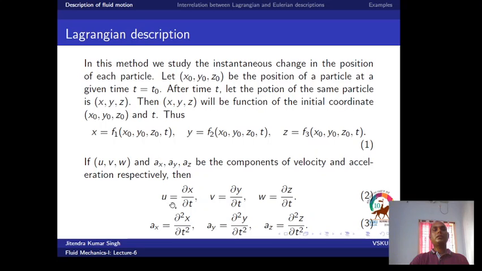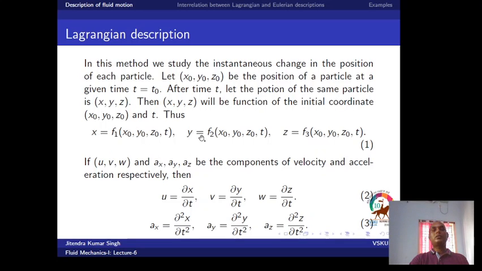Then the velocity components are expressed as u equal to dou x by dou t, v equal to dou y by dou t, and w equal to dou z by dou t. And the accelerations are expressed as ax equal to dou 2x by dou t square, ay equal to dou 2y by dou t square, and az equal to dou 2z by dou t square.